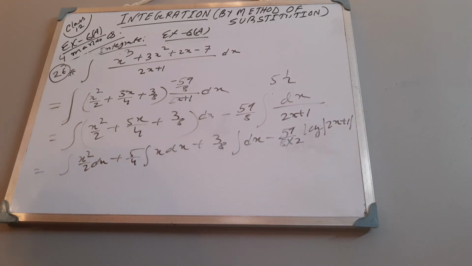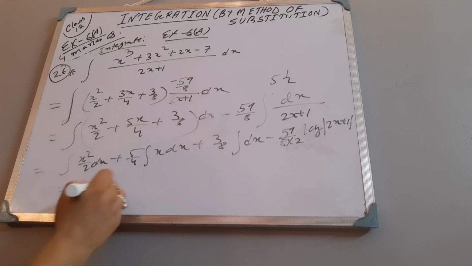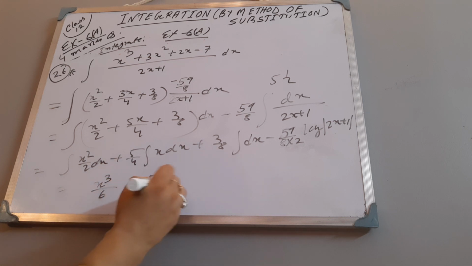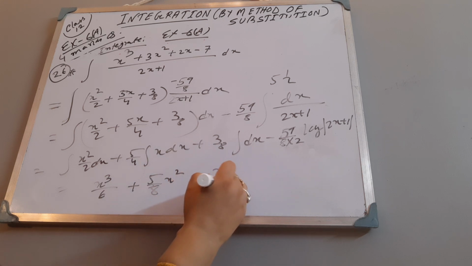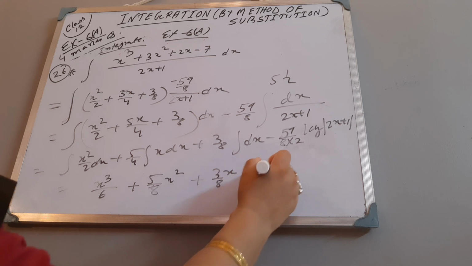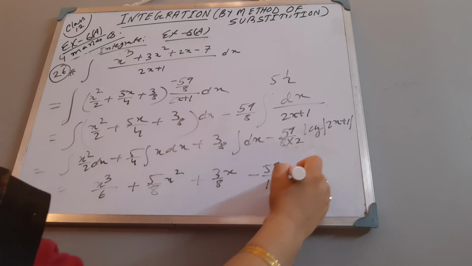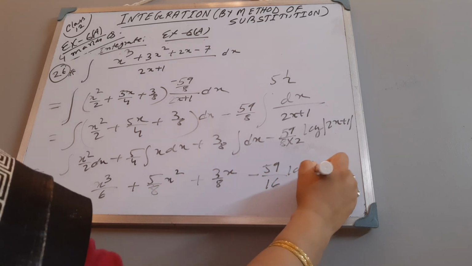This part you can expand, no problem. It will be x cube by 6, then 5 by 4 into x square by 2, so make it 5x square by 8, plus 3 by 8 x, minus 59 by 16 log 2x plus 1.